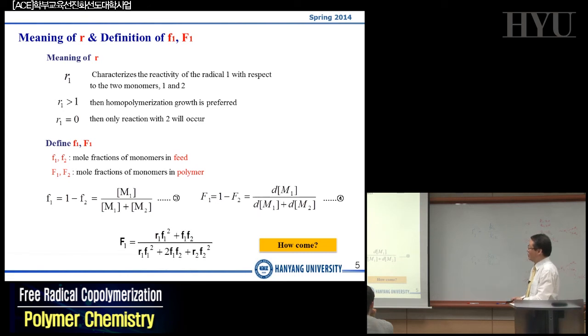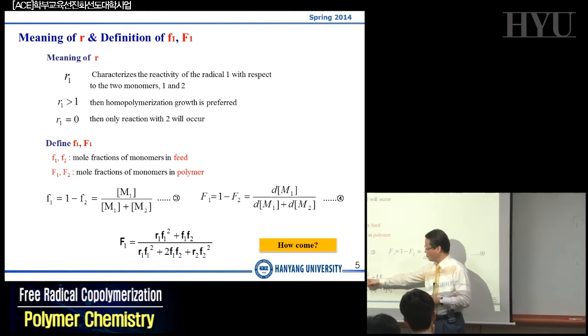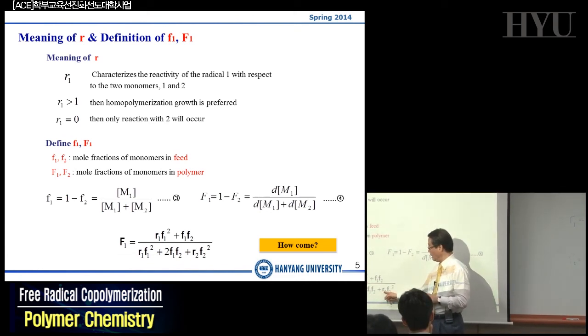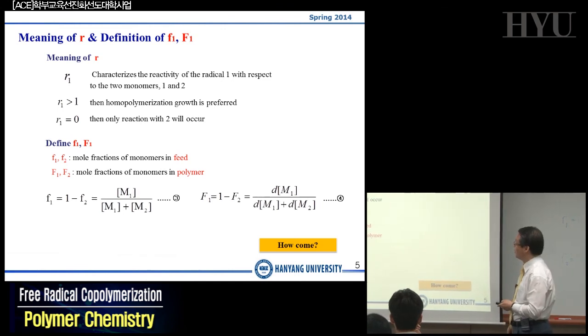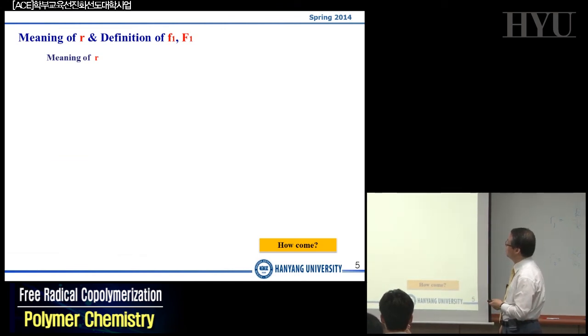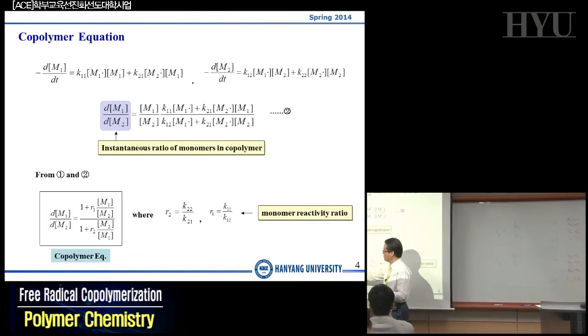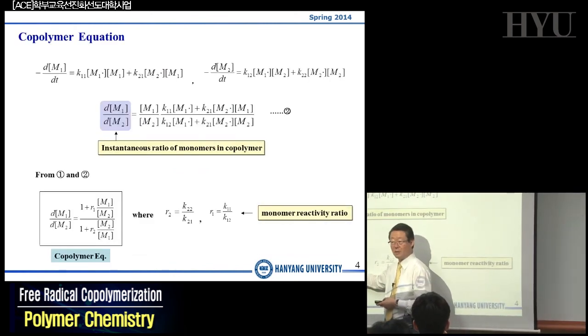So if we rewrite the monomeric units in the copolymer system, the mole fraction of monomer 1 in the copolymer, large F1, can be rewritten in terms of r1, r2, and small f1 and f2. Small f1 and f2 are the mole fractions in the feed, because we derived this from the copolymer equation.